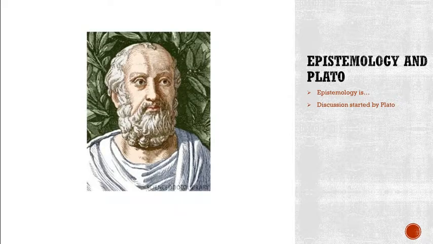And initially here's Plato, and this was a discussion that started with him in the Theaetetus, which is one of your readings. What he wanted to know was what counts as knowledge, because that's what Socrates was looking for. He wanted to know knowledge of all these different things, what things were, like justice and friendship, what love was.